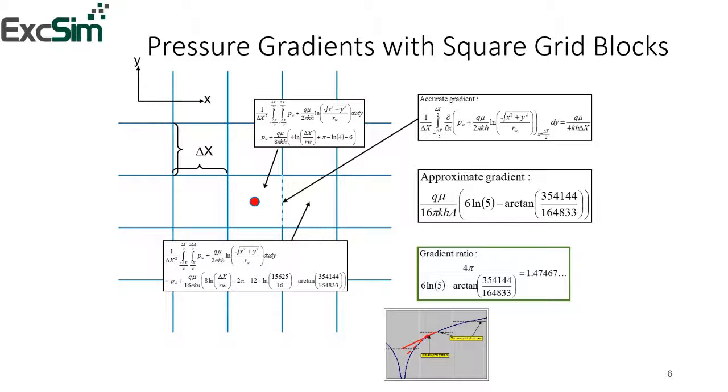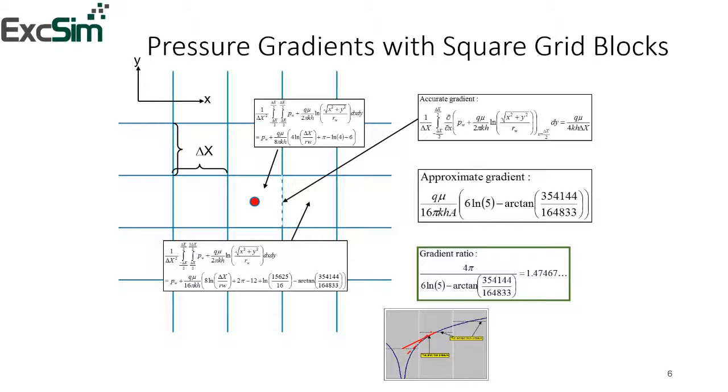And that's what XIM does. XIM internally, behind the scenes, you don't see it, behind the curtains, so to speak, multiplies the transmissibilities into a grid block with an active well with 1.47 if it's a square grid block.